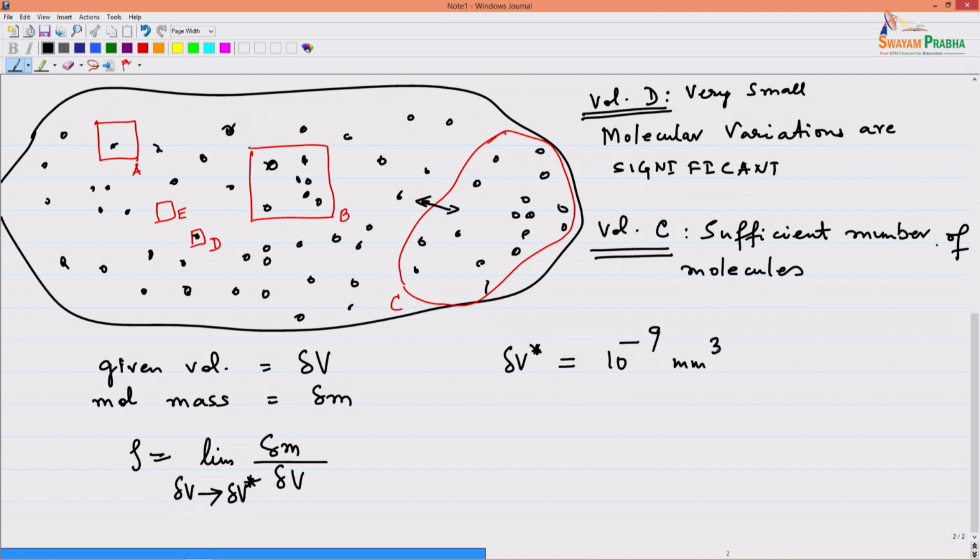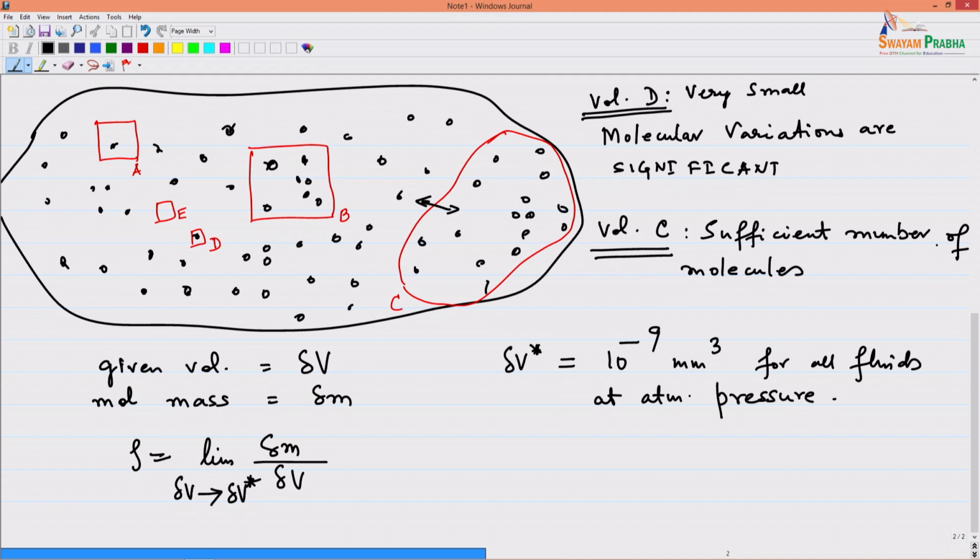I am giving you some values actually, right, for all fluids, okay, for all fluids at atmospheric pressure, right.